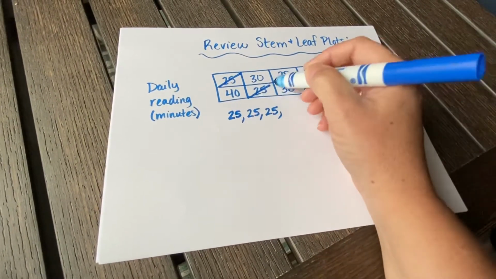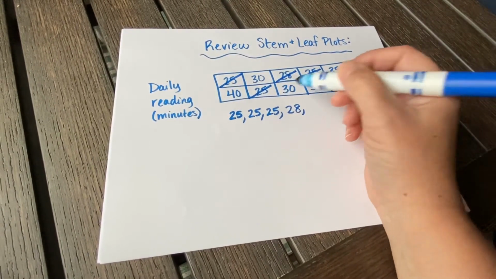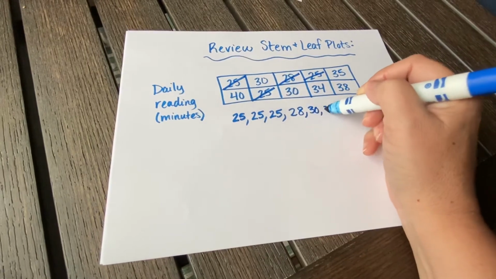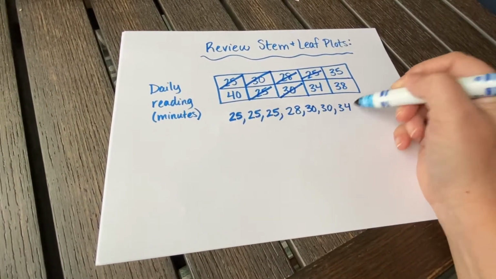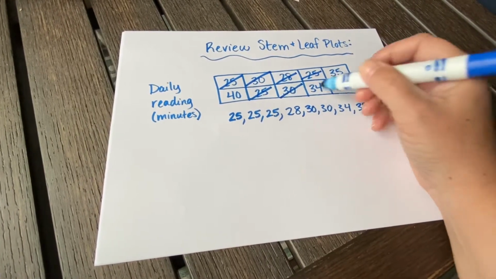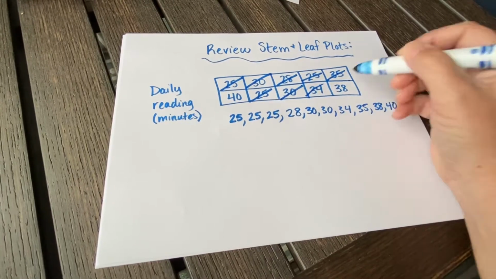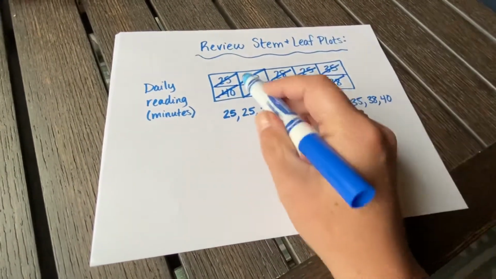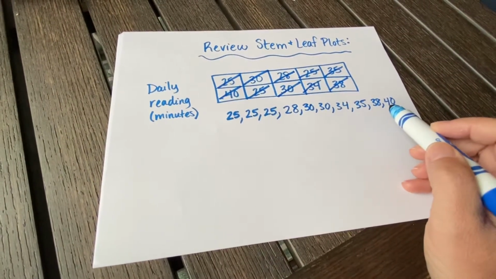Then we had a 28. And then 2 30s in our data. And then a 34, 35, 38, and 40 minutes.